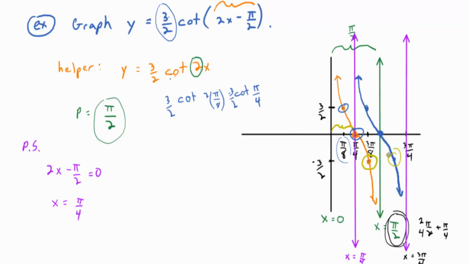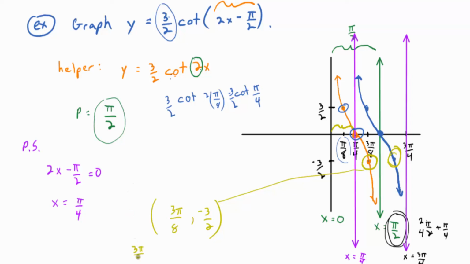Does the height change? Okay, so where was that point at? What are the coordinates of this point? 3 pi 8, comma, negative 3 halves, right? That was on the graph in orange. So what would the corresponding point be after you move it to the right pi fourths?